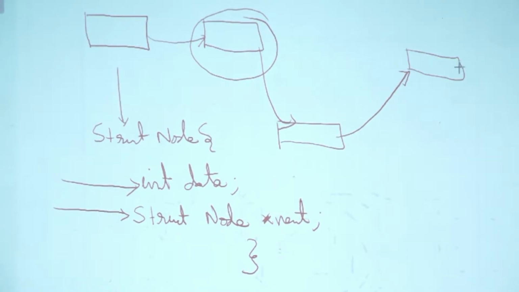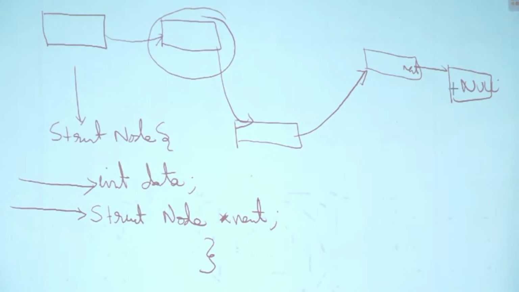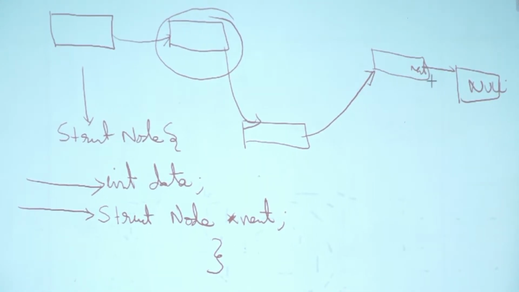And the last pointer's next will not go anywhere. Where will it go? It will be null. Null, as in nothing. So that will be the last. That is how you make out that you have reached the end of the list. Otherwise, how will you know you have reached the end of the list?